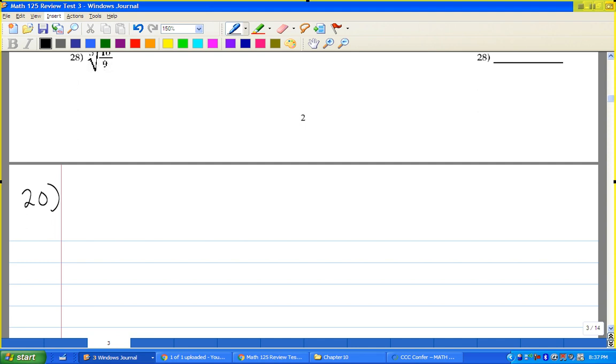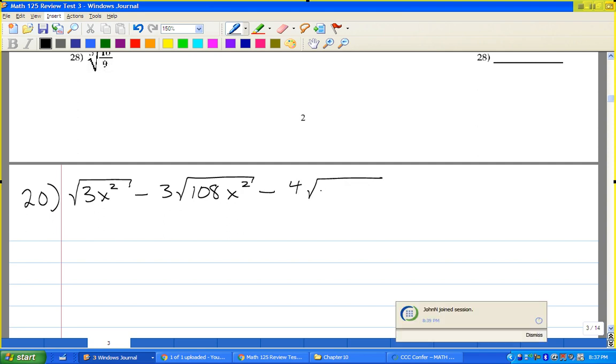Problem 20 says the square root of 3x squared minus 3 square root 108 x squared minus 4 radical 108 x squared. So let's simplify this.